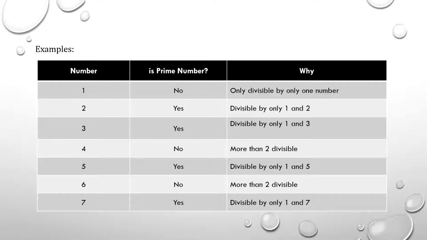So 1 is not, 2 and 3 are, and 4 is not because it has 1, 2 and 4 as divisors, so it has more than 2 divisors and does not meet our condition. You can see the following numbers in a similar manner. Let's look at code, and we will try to come up with a solution which will print a list of prime numbers until a given number in the problem.